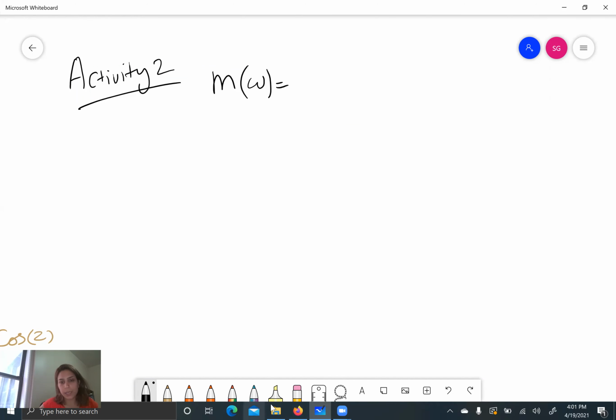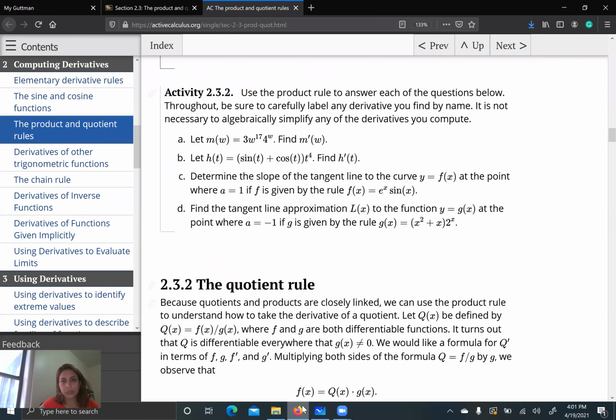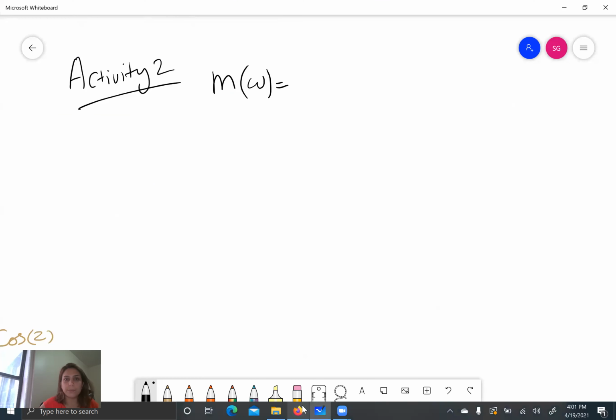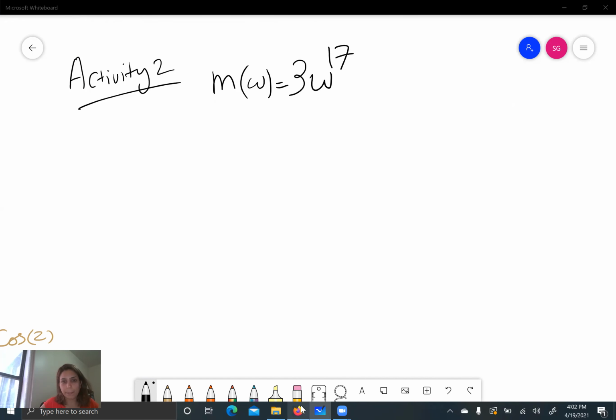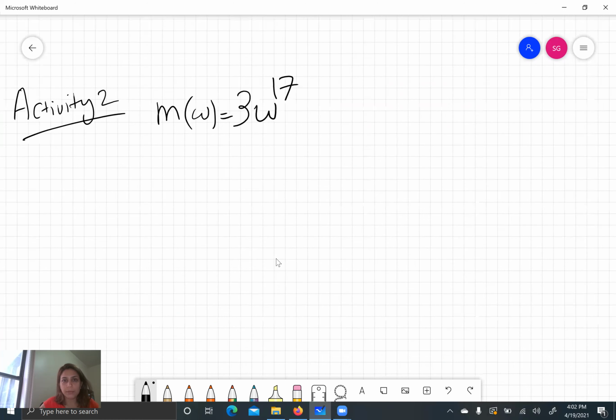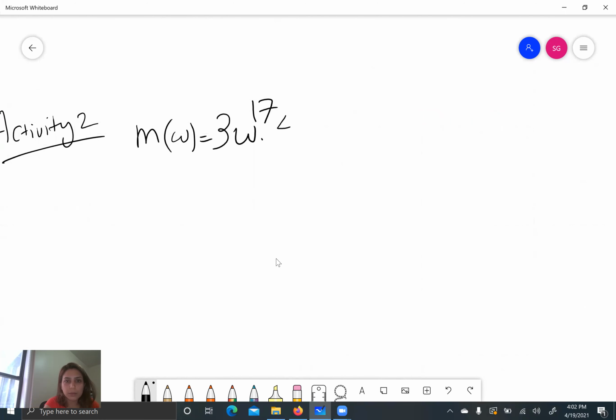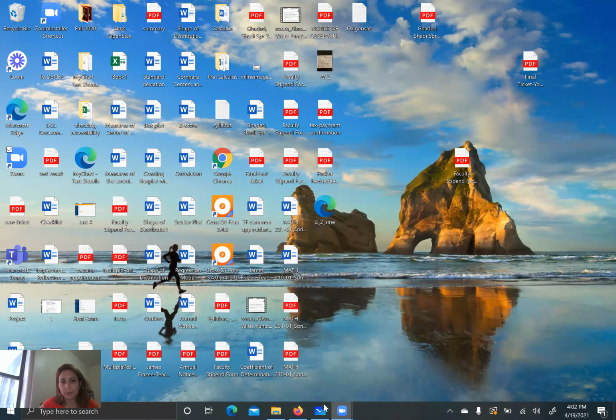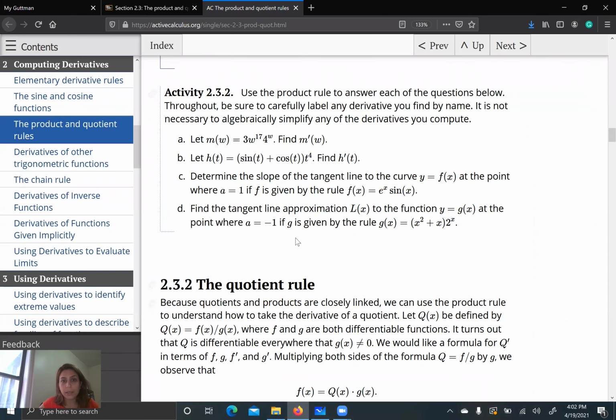M of w is 3w to the power of 17 times 4 to the power of w. That's it, w to the power of 17 times 4 to the w.